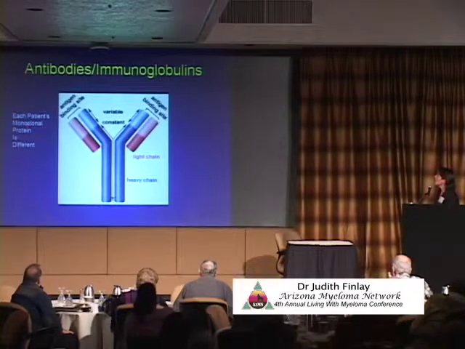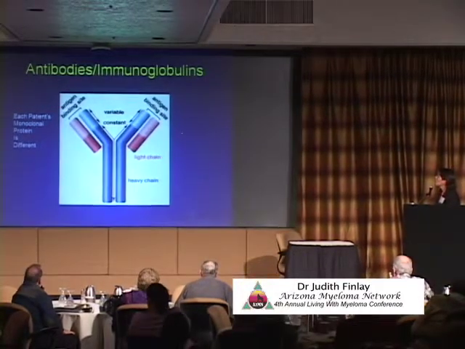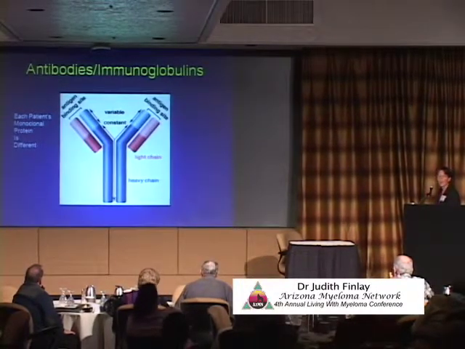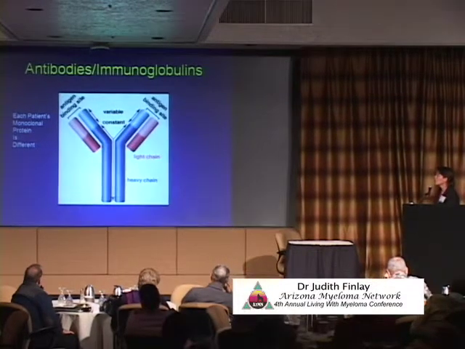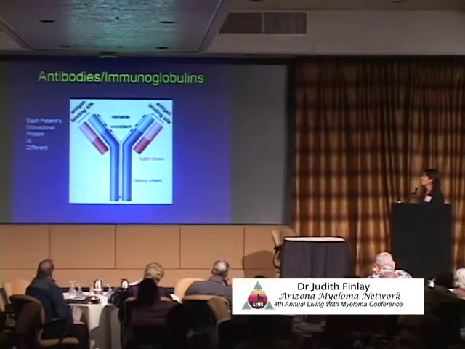But then there are the antigen binding sites here, which are the workhorse of the antibody that help it do its job. Its job is to bind different molecules or viruses, for example, and eliminate them from the body. So this is variable. And each patient's monoclonal protein is different. So that could be why there are differences in each patient as they go through the course of the disease.